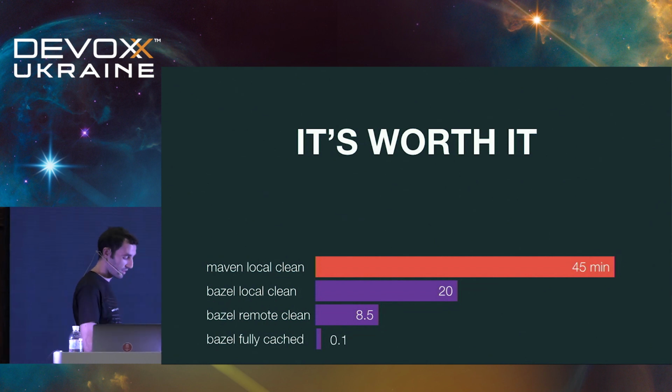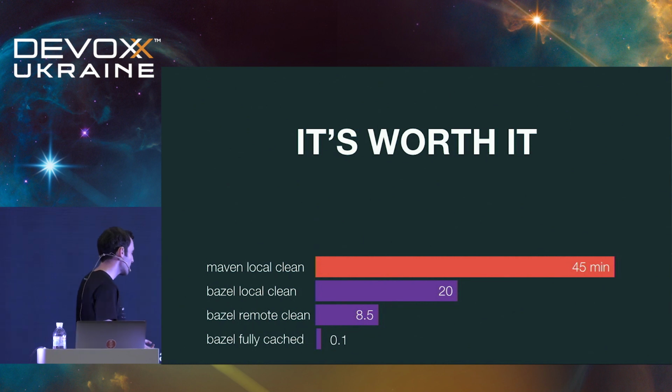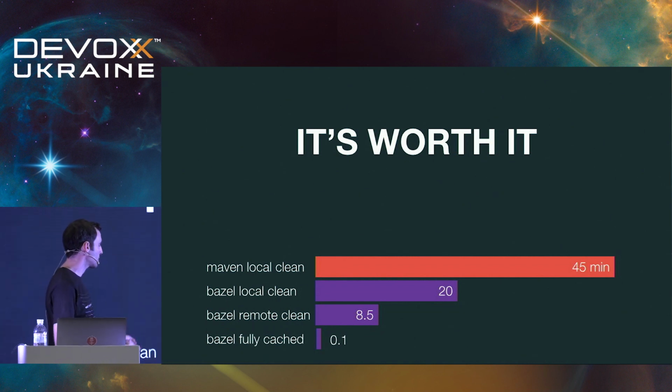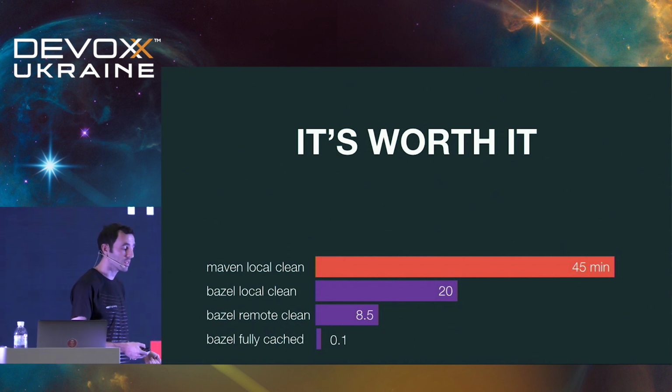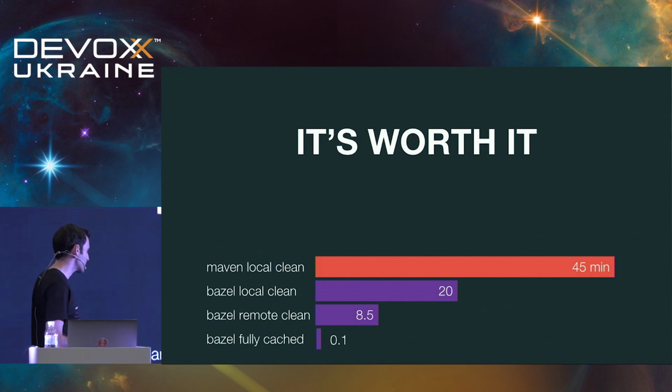And if you utilize the remote cache, by using many, many cores on your worker farm, you can get it down to 8.5 minutes just by utilizing the cloud workers.